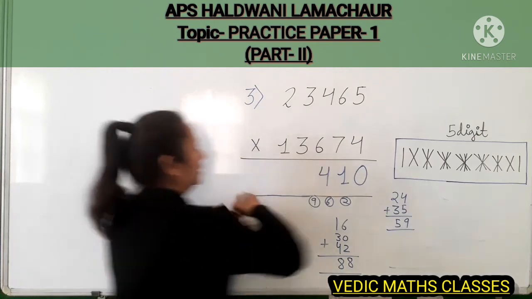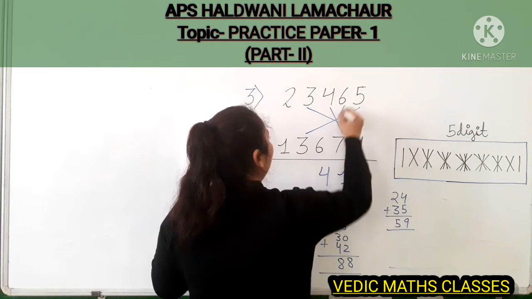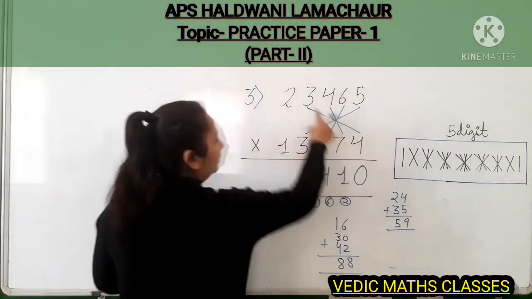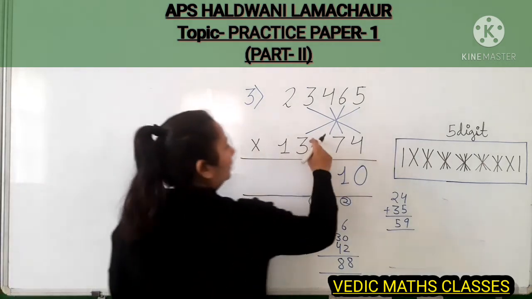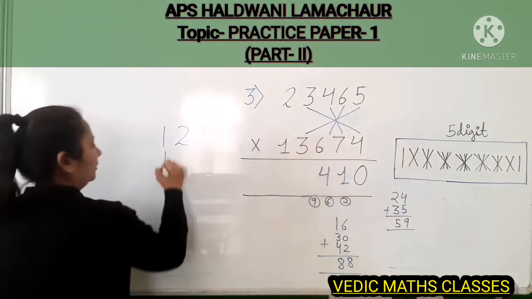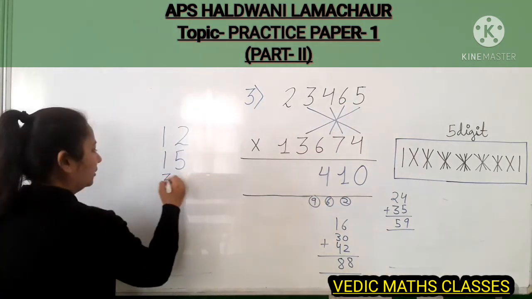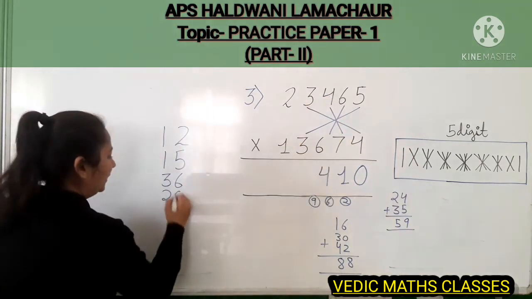Now students, 4. 1, 2, 3, 4. Now let's do, see, 4 3s are 12. 5 3s are 15. 6 6s are 36 and 7 4s are 28.